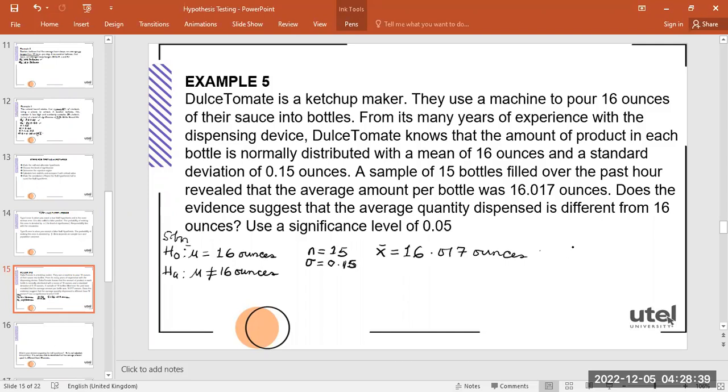And let's not forget, we are also told that alpha, our level of significance, is 0.05. Now this implies that our alpha by 2 is going to be equal to 0.025. And I will explain how we got that in this next slide.